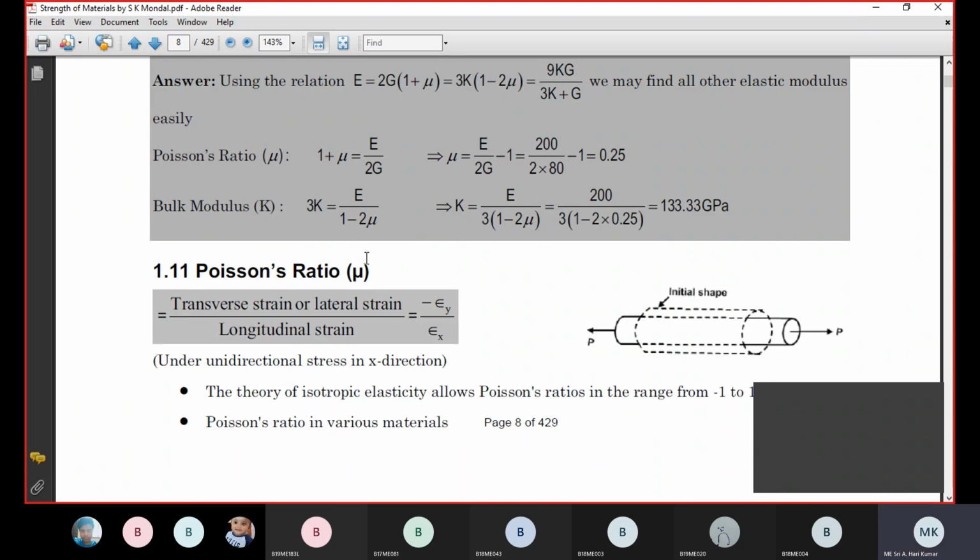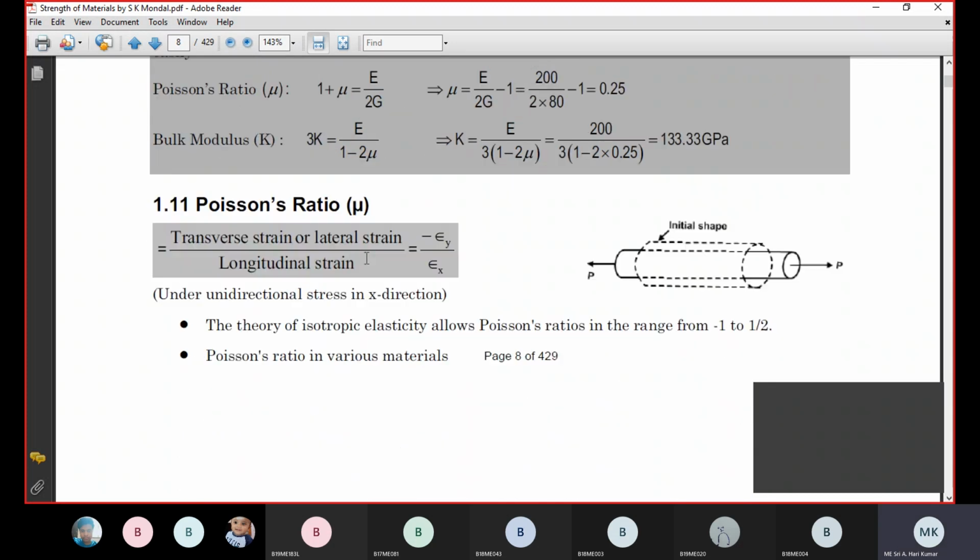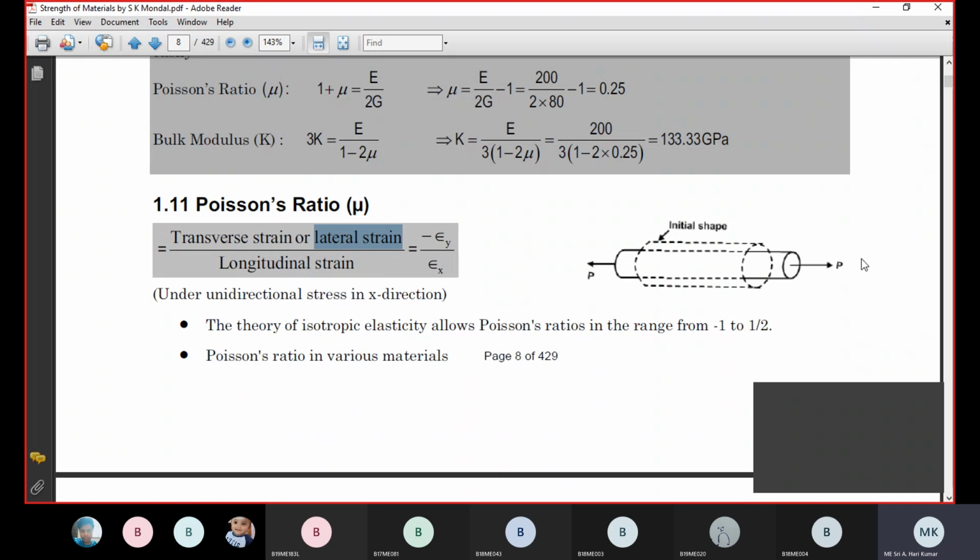Now coming to Poisson's ratio, we are already familiar. It is the ratio of lateral strain to longitudinal strain. Lateral means other directions. If the load is applied in this direction, we call this the longitudinal or linear direction. If the strain is measured along the line of action of force, we call that linear or longitudinal strain.